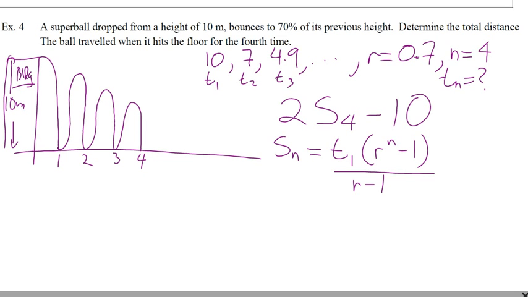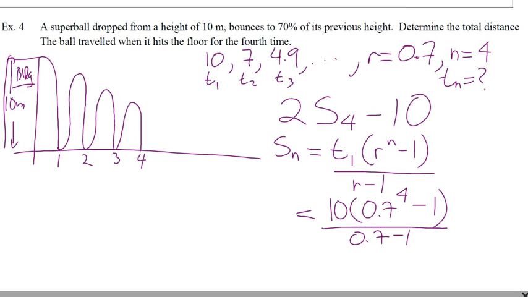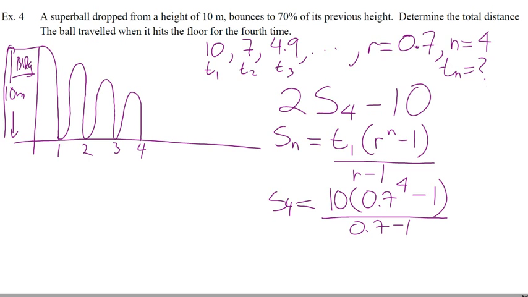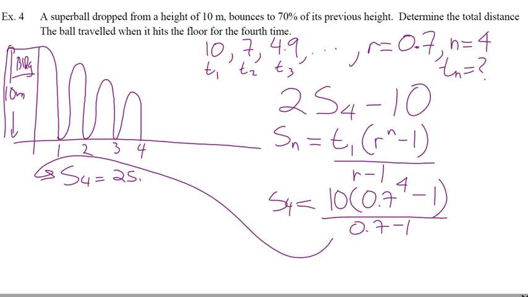All right, so S sub n, what's T1? It's 10. Times 0.7 to the 4 minus 1 over 0.7 minus 1. Okay, so that's S4. What is S4? And then just leave the number in your calculator. 25 point what?